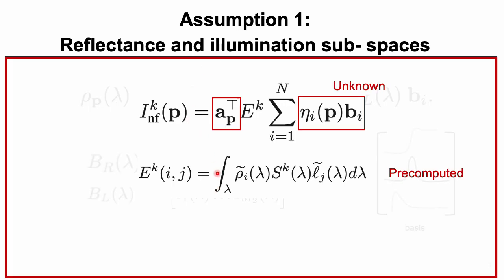If we predefine the basis for the reflectance and illumination, the intensity of the image can be expressed as this matrix multiplication. Now the unknowns for pixel intensity are reflectance coefficients, the shading term, and illumination coefficients for each illumination.